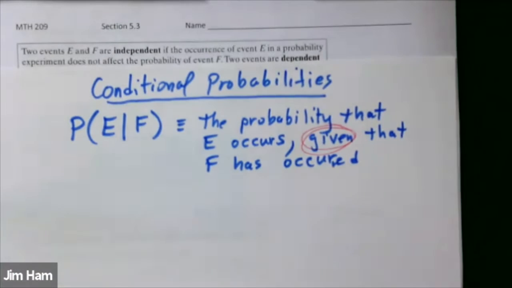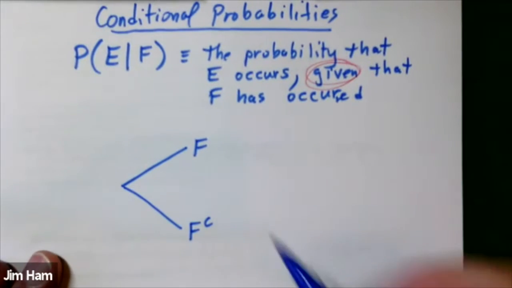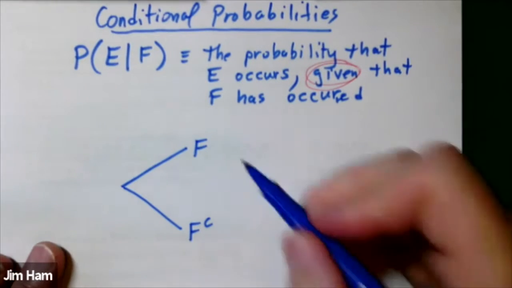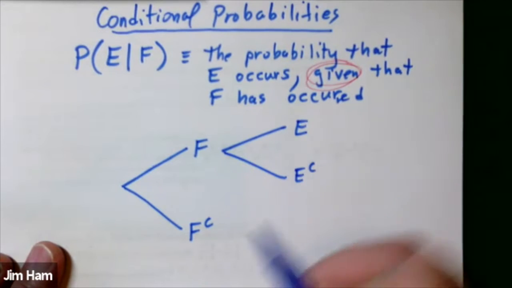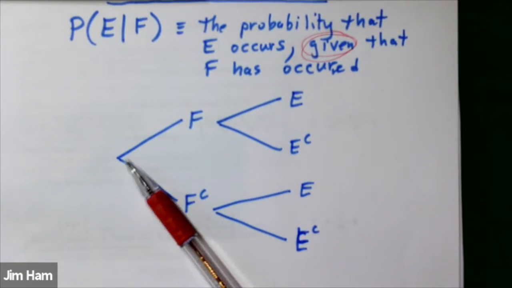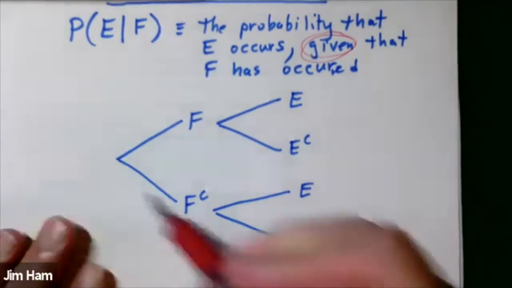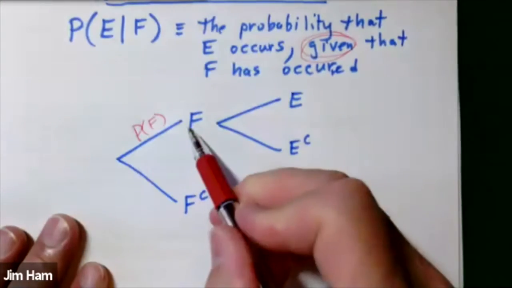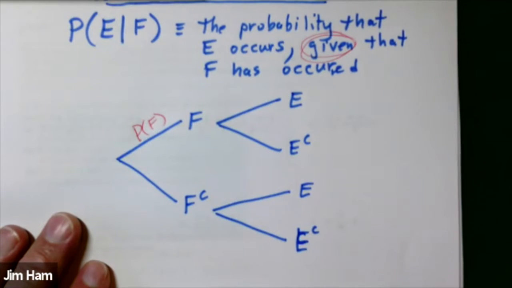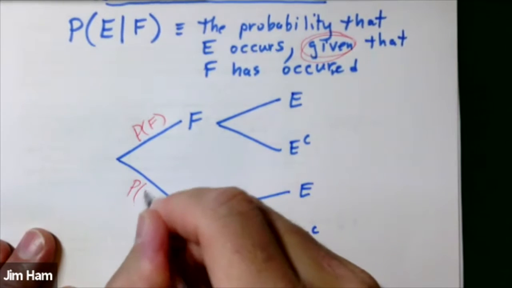Now in a tree diagram, I'll just write F and F complement here, just so I have two different events. And then up here, E, and then E complement, something like this. All right, I want to share with you what we label on each one of these. This branch right here would be the probability of F, because we're going to F, and we put probabilities on the branches. This one down here is the probability of F complement.